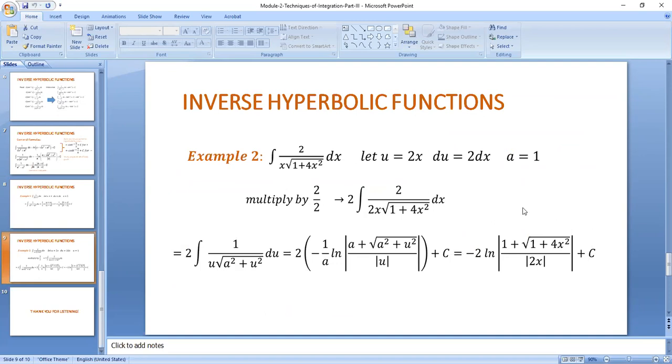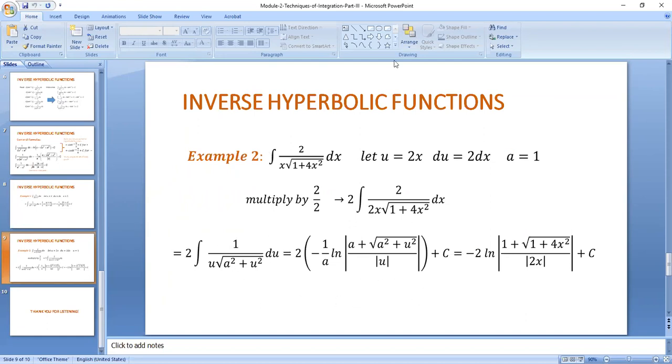Okay? Just first and foremost, determine the u, the du, and the a. And then, of course, the form. Where does it fall? So this particular example falls on this form of the integral that will require this as the answer.